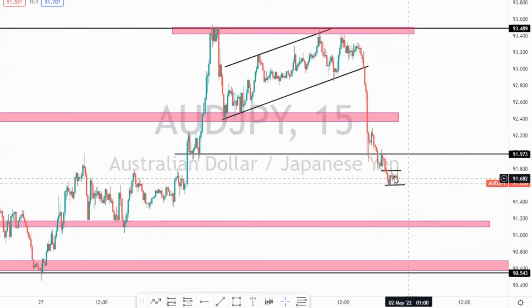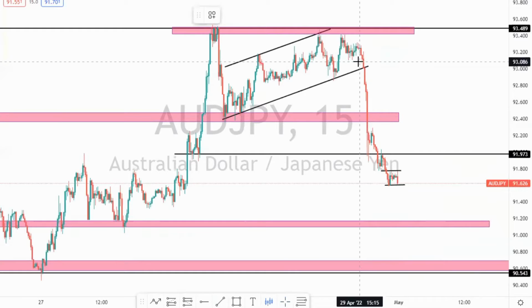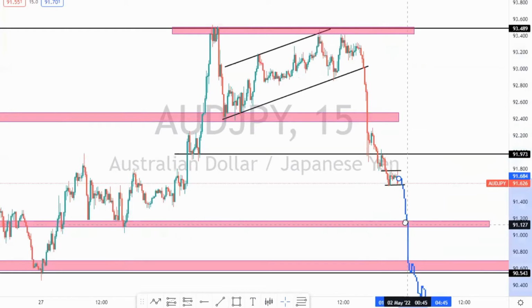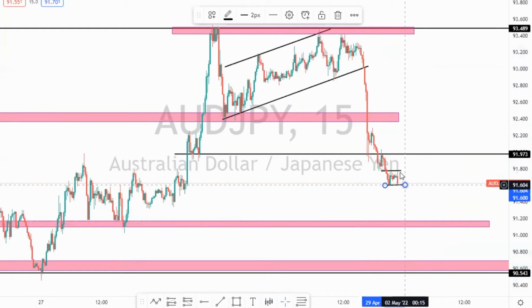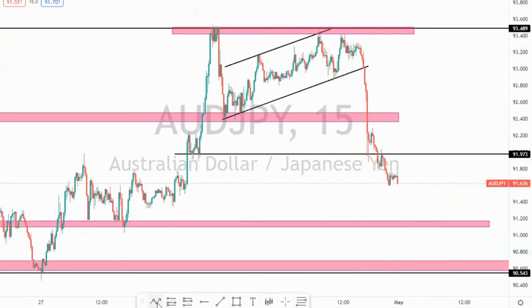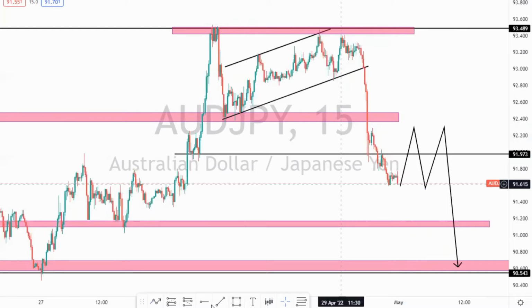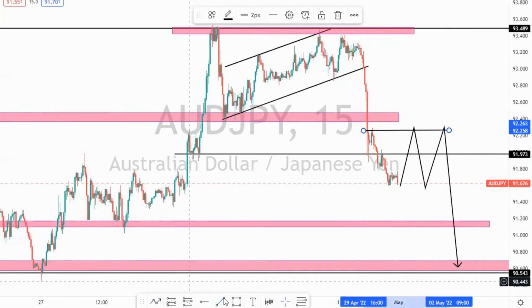But I have two probabilities. This could be a flat flag, whereby when the market opens, you could be creating a what? An impulse to the downside. And then the second probability that I have is you could retest this and push to the downside, whereby we'll be creating a larger correction.